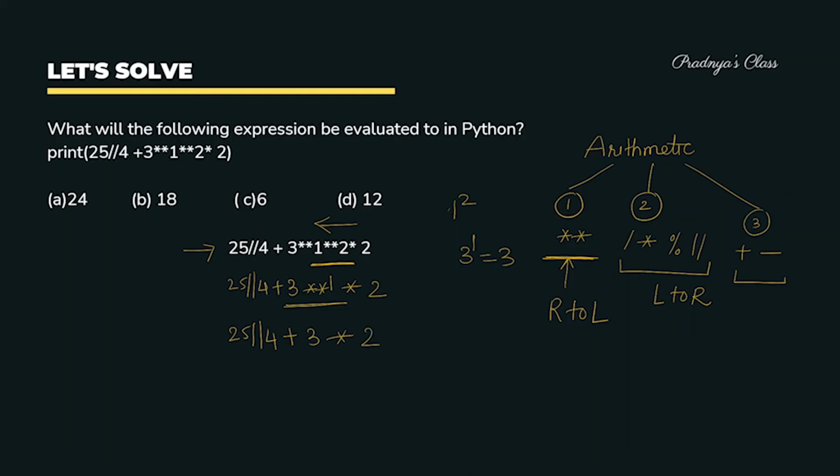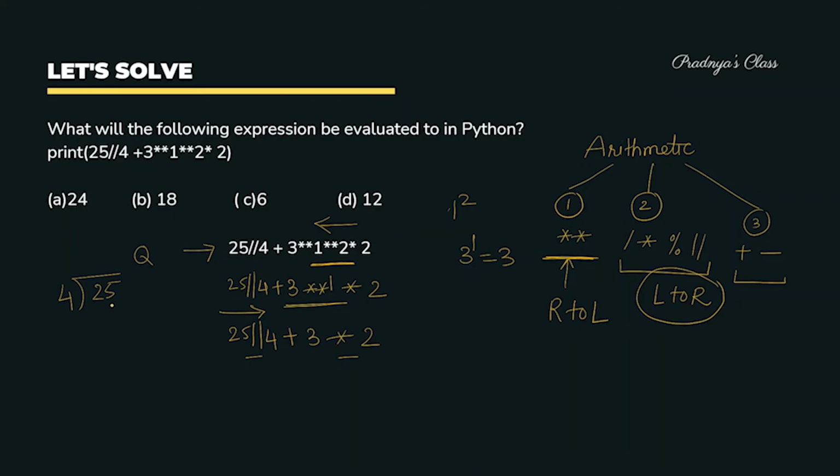Now we have two operators here which are in the same category, that is floor division and multiplication, and these operators are evaluated from left to right, so we will go in that order. So according to that 25 floor division 4 will get calculated, and you know floor division, it gives the quotient but truncates the fractional part.